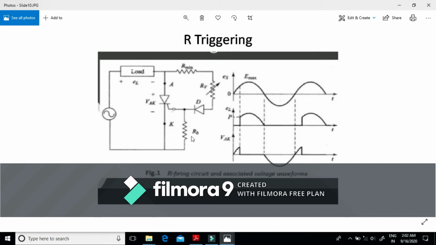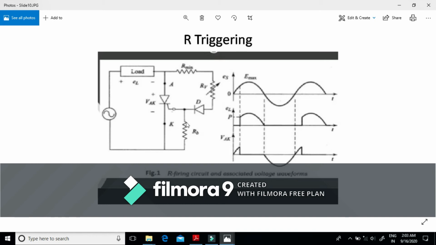And this is the resistance RB. We have to build up the voltage across this resistance RB. If VG is equal to our gate triggering voltage, then our SCR gets turned on.